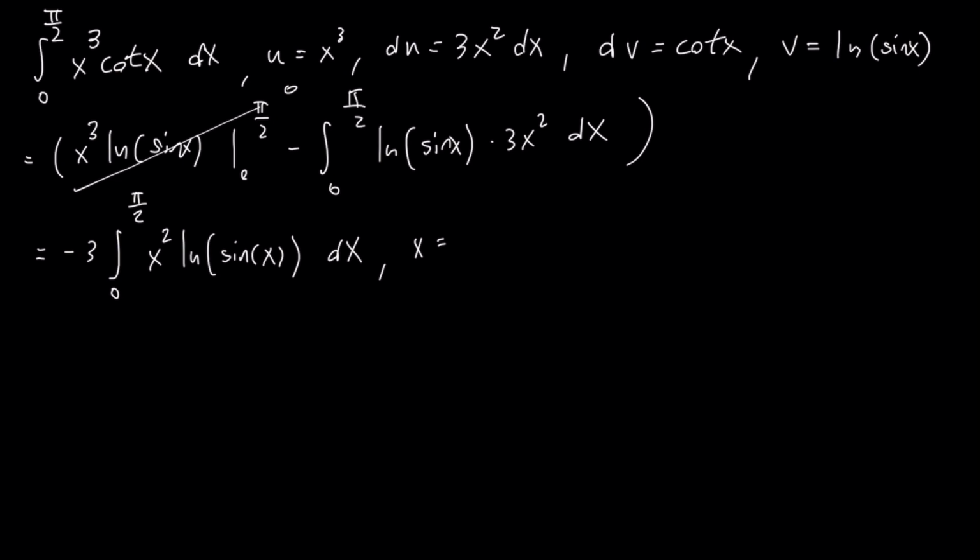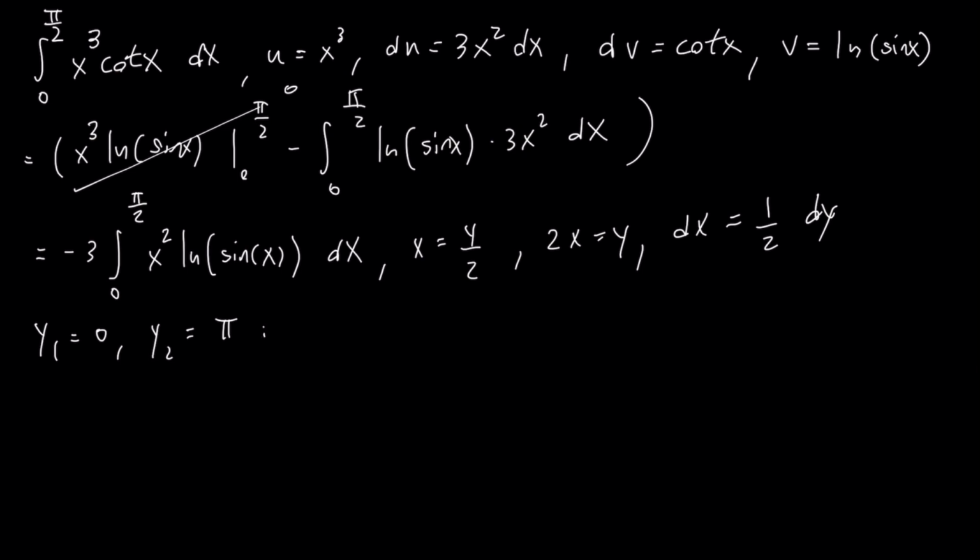We're gonna let x equal y over 2, which means that 2x equals y and that dx equals 1/2 dy. The bounds of integration, y1 will be 0 and y2 will be pi. So we're gonna have a negative 3, the integral from 0 to pi.